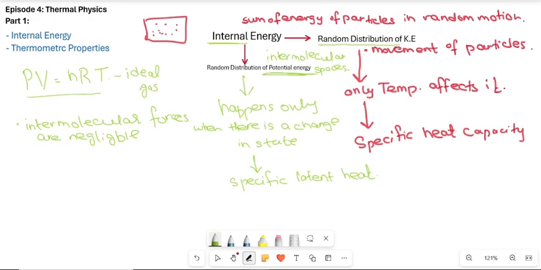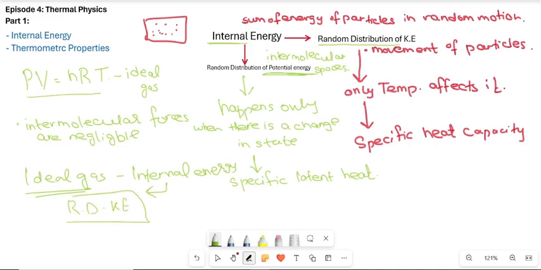So when they don't exist, that means potential energy does not exist, and it only depends upon the random distribution of kinetic energy. So when you talk about an ideal gas, its internal energy only depends upon random distribution of kinetic energy. And I hope that made sense.